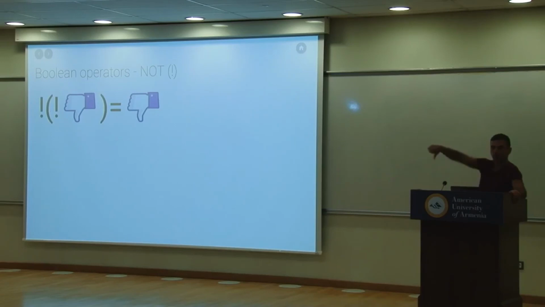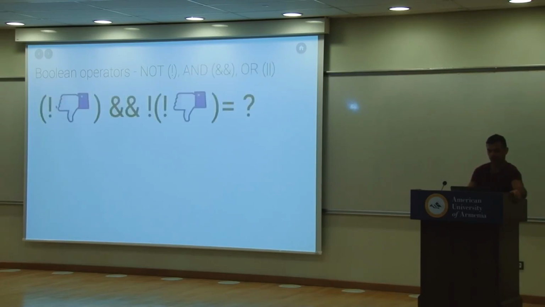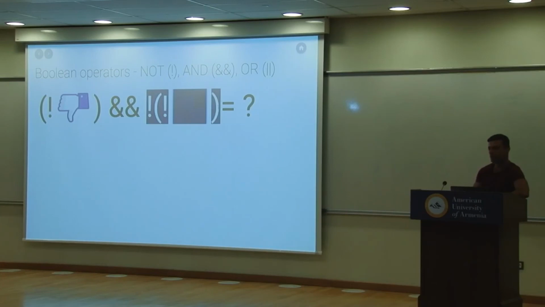The first one will go from here to here. The second one will flip it again. So you get false. So what happens here? Okay, so this will turn it into true. This will turn it back to false. You see? You flip it from here to here, then you flip it back. So false and anything is going to give you false, of course. False.